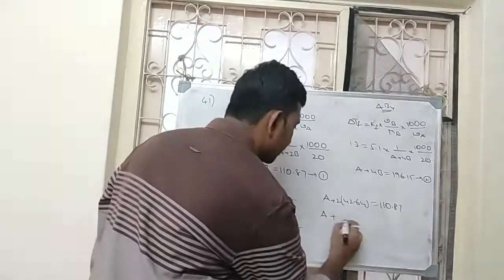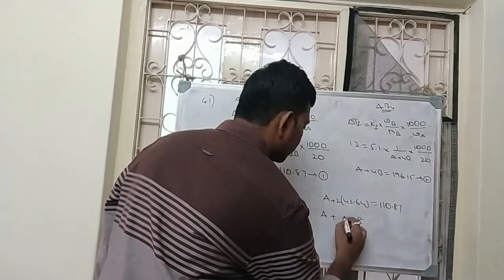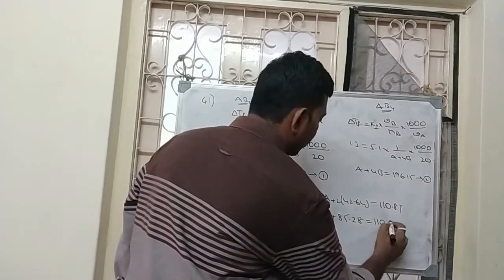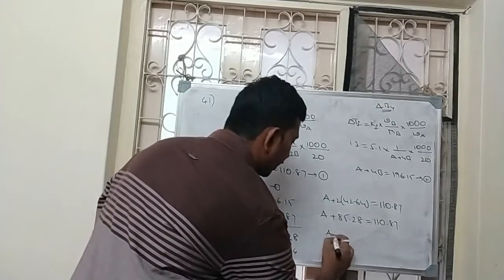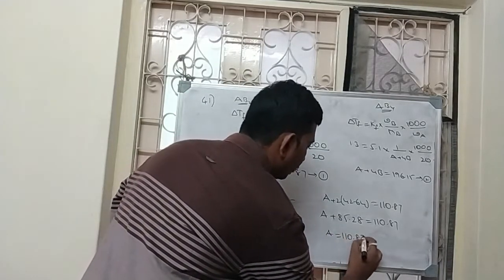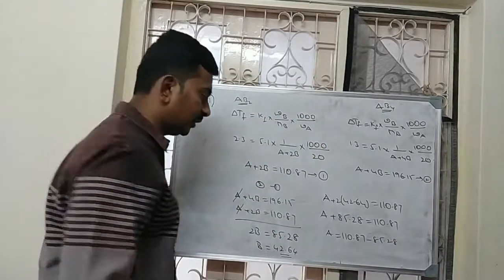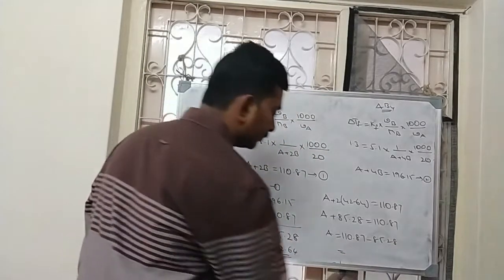So it will be A plus 85.28 is equal to 110.87. So the value of A will be 110.87 minus 85.28. So what will be this value?